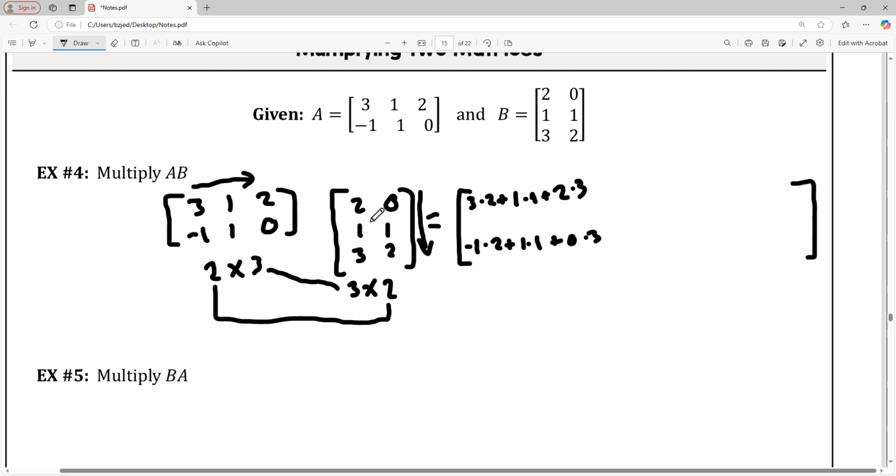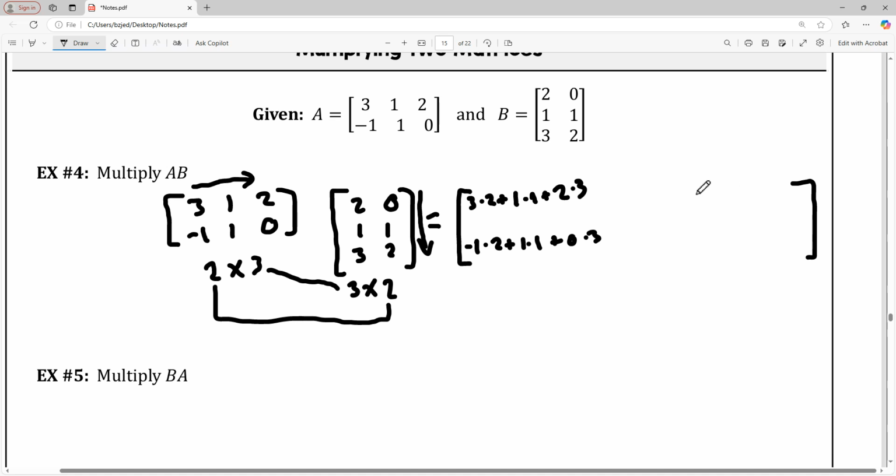So I'm still using my first column, but I'm using my second row because this value here is in the second row, first column. If I want this value here in the upper right, I'm now going to use my first row, because this is in the first row again, but I'm going to use my second column.